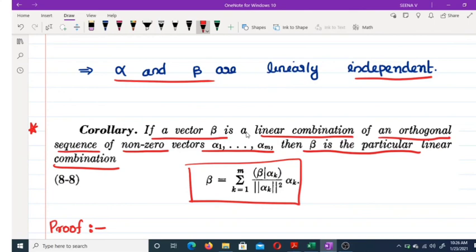If a vector beta is a linear combination of an orthogonal sequence of non-zero vectors alpha 1, alpha 2, etc. alpha n, then beta we can write like this. So if beta is a linear combination of orthonormal vectors, then beta you can write like this: sigma k equal to 1 to m inner product of beta and alpha k into alpha k.